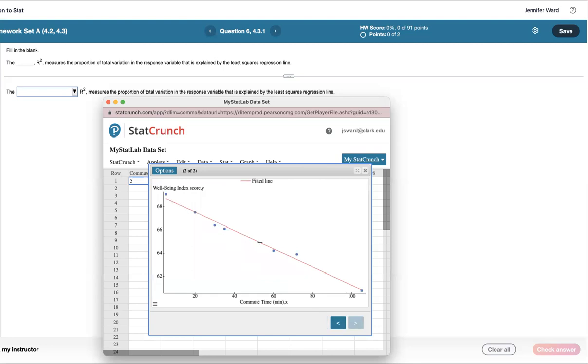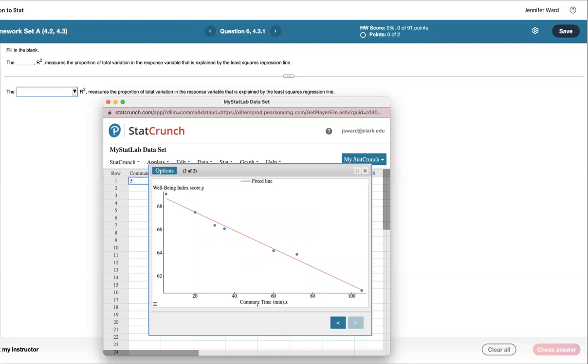And I'm going to go back to this regression line and create a sentence that is explaining what happens in this relationship. 98.7 means 98.7% of the variation, so the wiggle factor of the Y values, is explained by commute time.